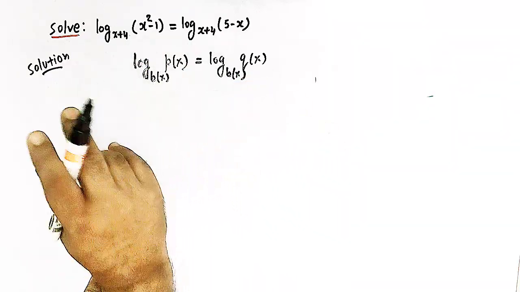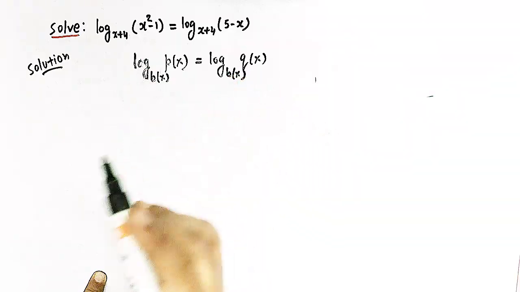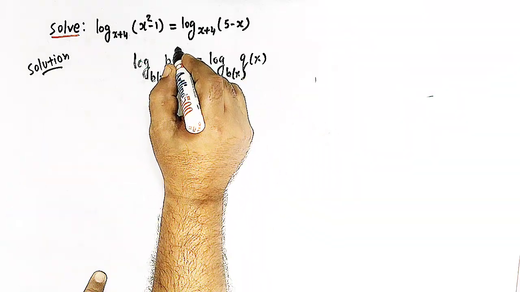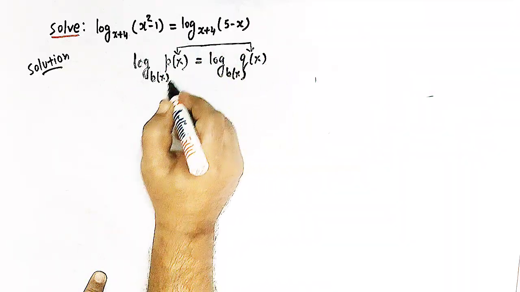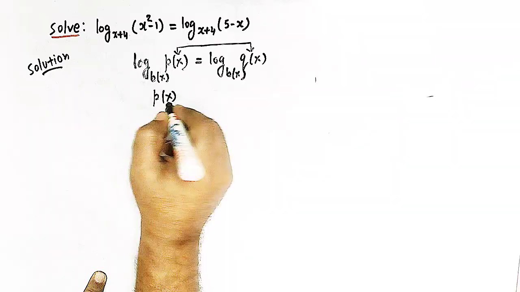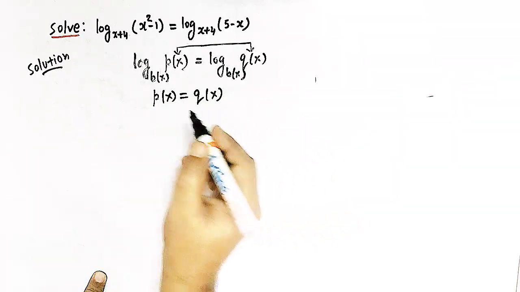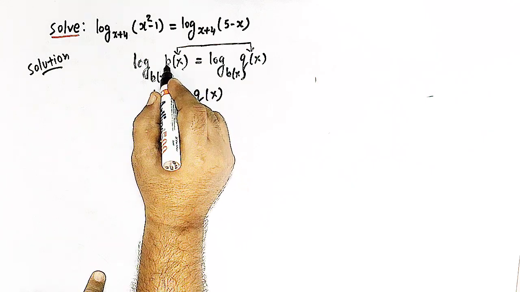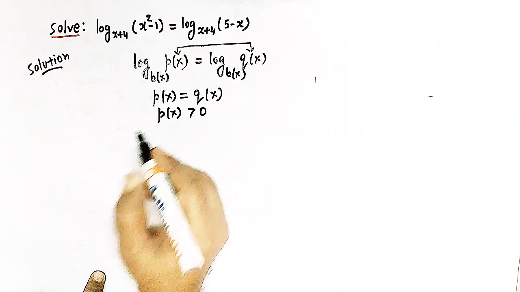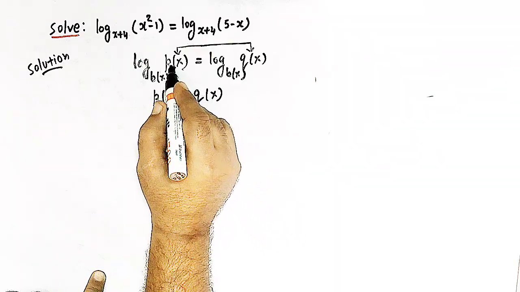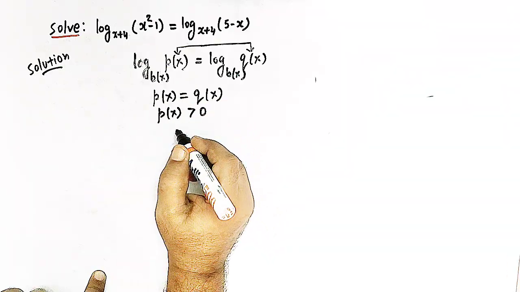So the requirement to solve this type of logarithmic equation is that first we equate these two functions, that is p of x should be equal to q of x, right? And then we must have p of x greater than 0, that is p of x should be a positive quantity so that the logarithm is defined in the set of real numbers.